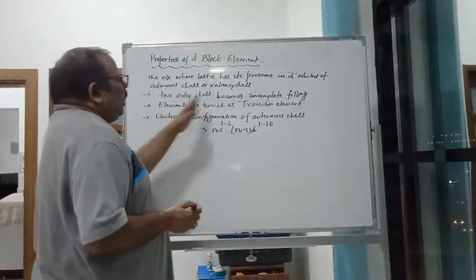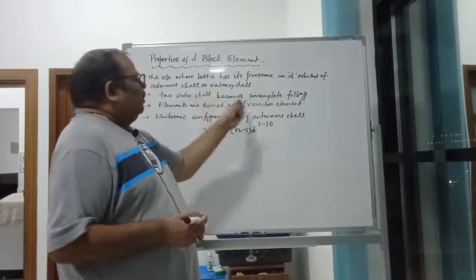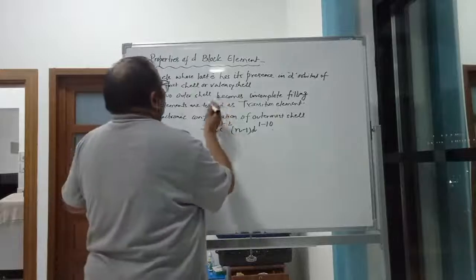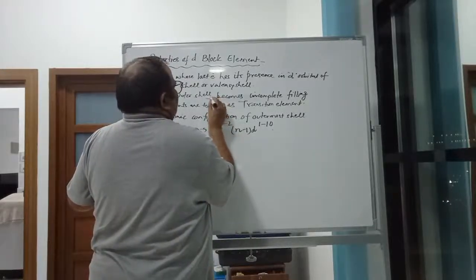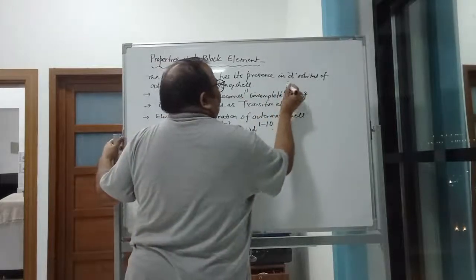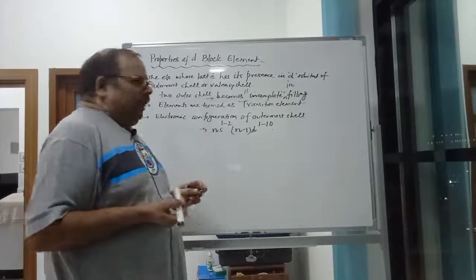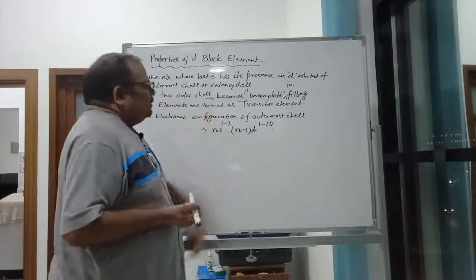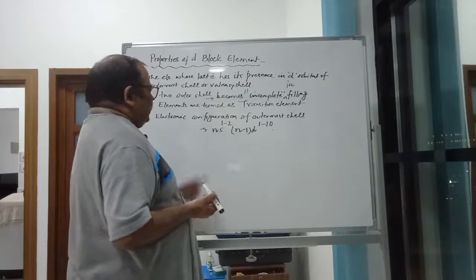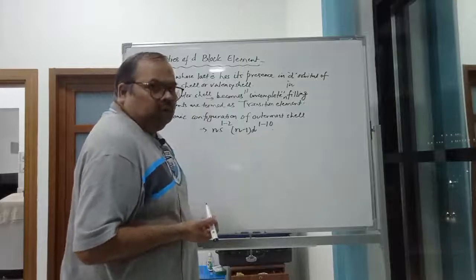Second thing, the two outer shells have incomplete filling, they are incompletely filled. Such elements are termed as transition elements. The electronic configuration of the outermost shell is ns 1 to 2, (n minus 1) d 1 to 10.